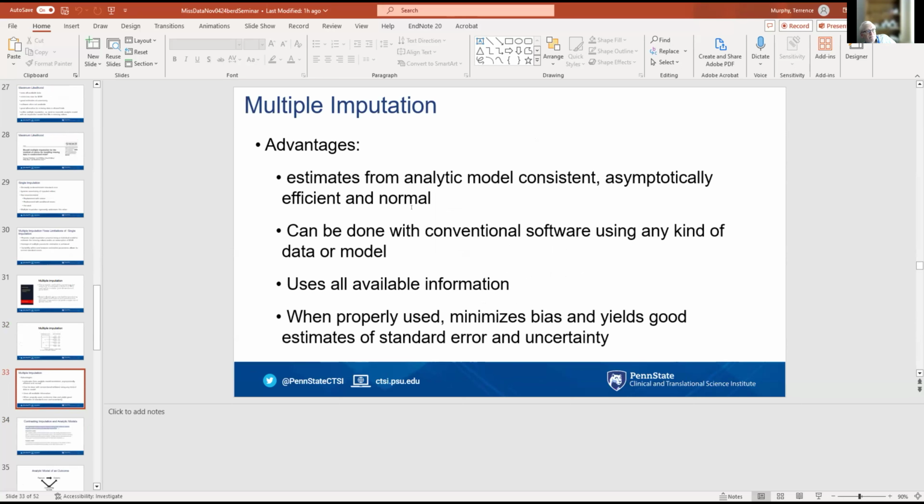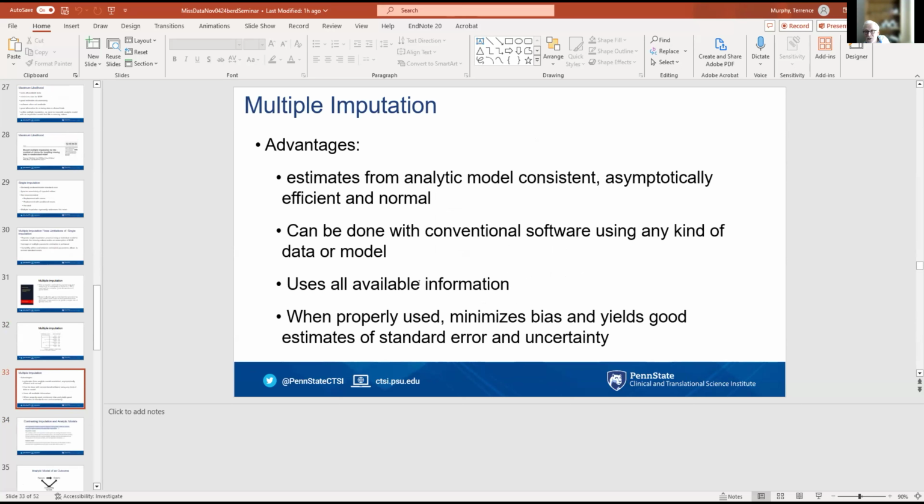Multiple imputation, when it's done correctly, produces estimates for an analytic model that are consistent and asymptotically efficient and normal. We saw those terms before for maximum likelihood. Unlike maximum likelihood, it can be done with almost any conventional stats software for nearly any kind of model.